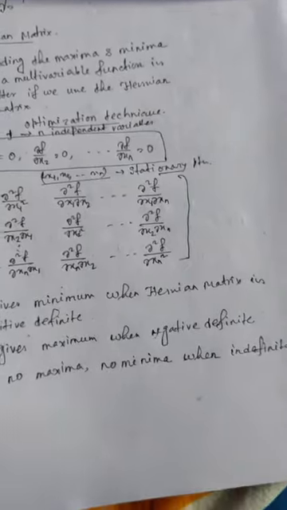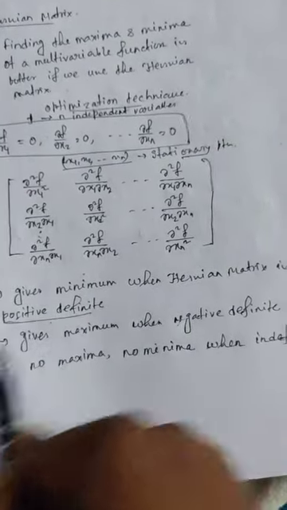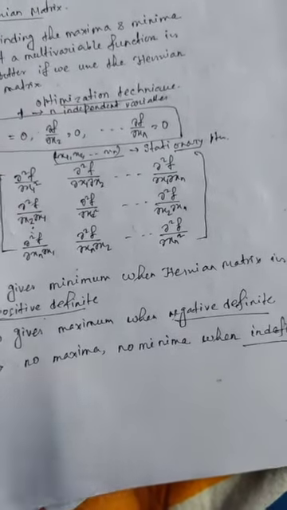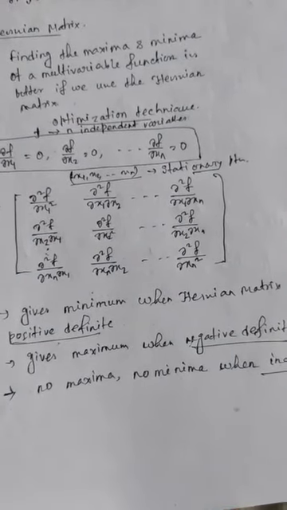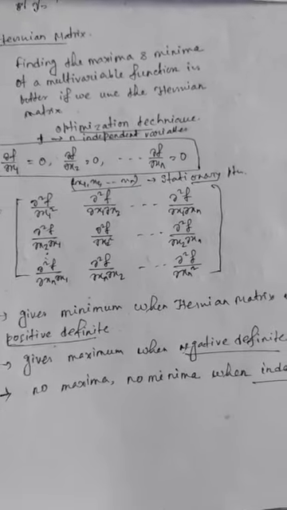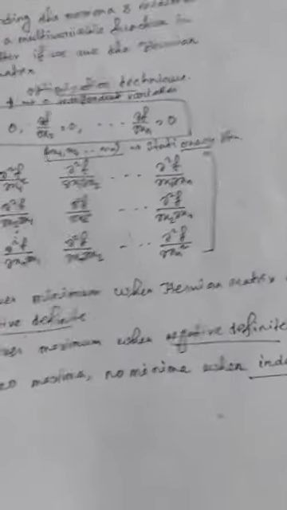So now there are some new terms we introduce here: the positive definite matrix, negative definite matrix, and the indefinite matrix. Now the question is how we can check when a matrix is positive definite, negative definite, and indefinite.